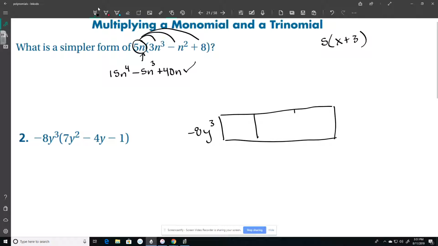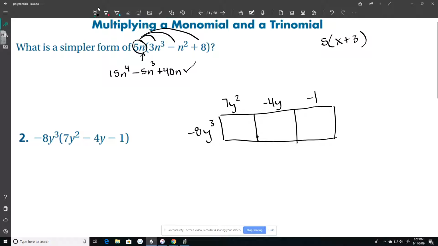So I'm going to break this up into 3 parts. And I write each term on top. 7y squared. I know I'm going fast. If this is something you've done in the past, great. Basically, it just helps you distribute. You take the negative 8y cubed and multiply it by each of these and write the answers in the box. So it's just distribution, but it's a diagram to make it maybe easier for you.